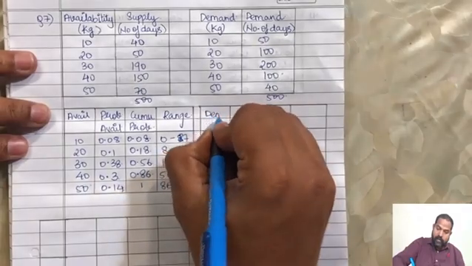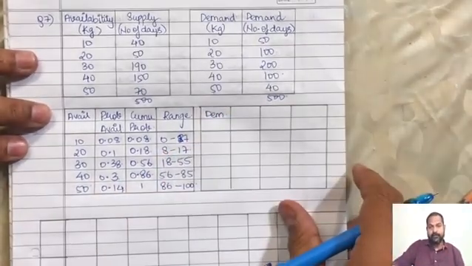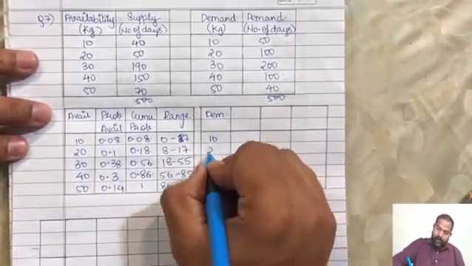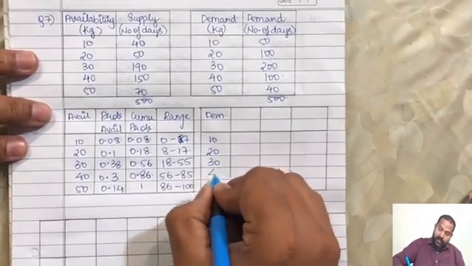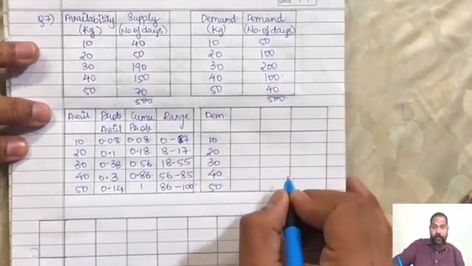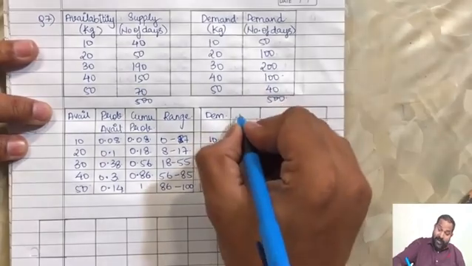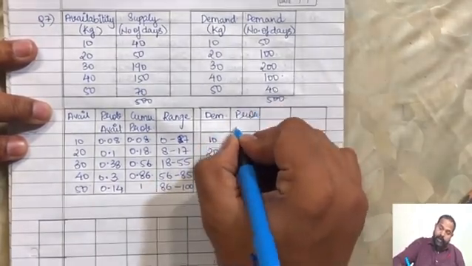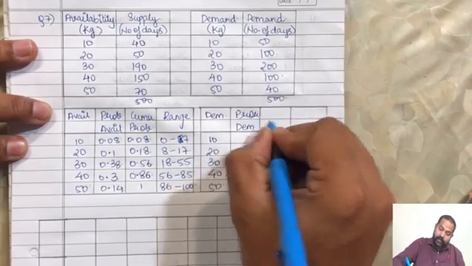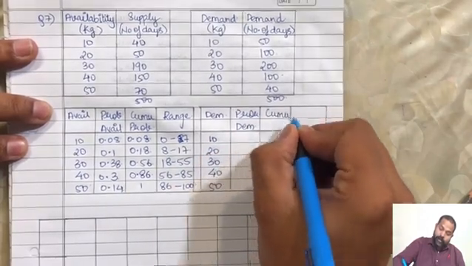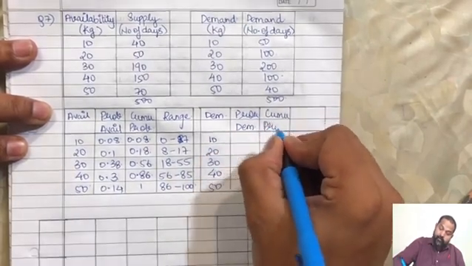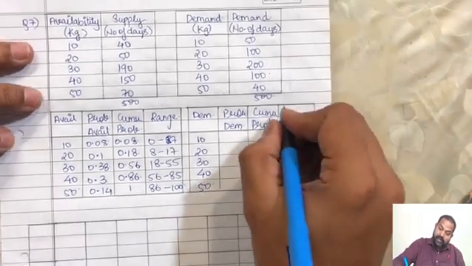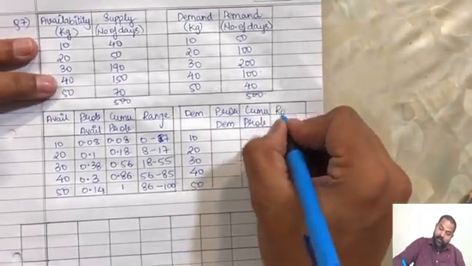That was availability. This is demand. What are demands? 10, 20, 30, 40, 50. I will change the number of days to probability of that demand. I will change probability to cumulative probability, and lastly I will make that into a range.